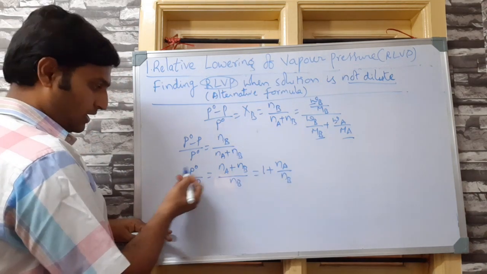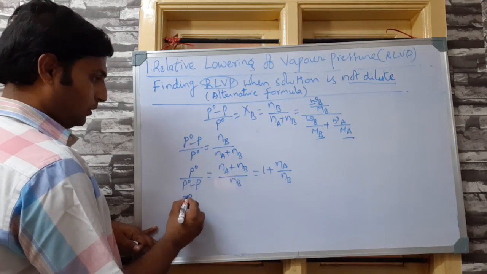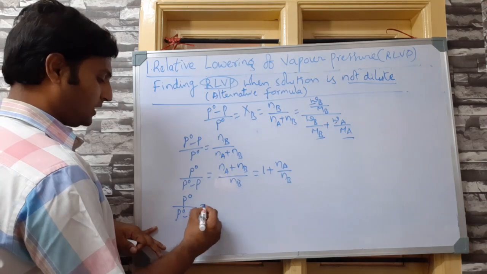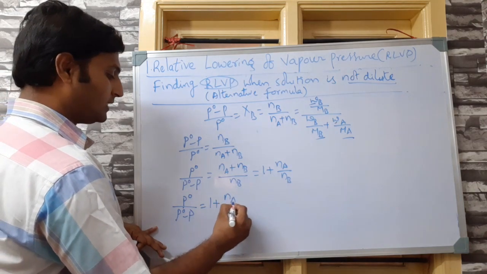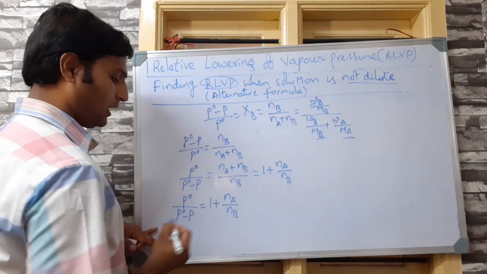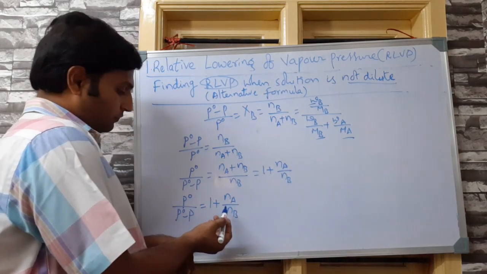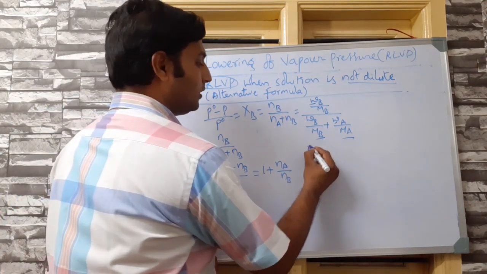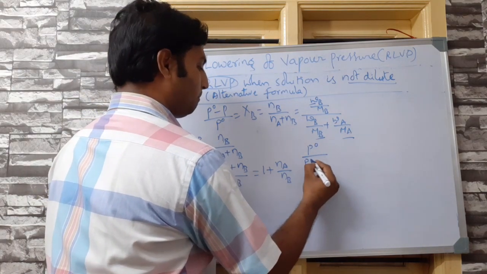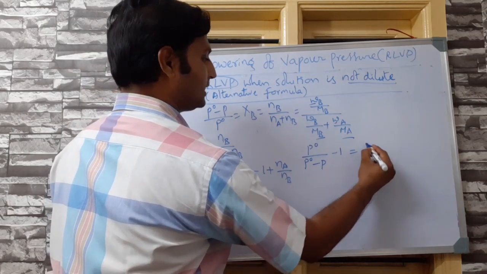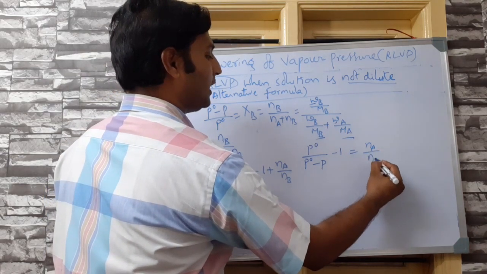Now, take it here. P naught by P naught minus P is equal to 1 plus Na by Nb. Okay? Let me bring one this side. P naught by P naught minus P minus 1 is equal to Na by Nb.